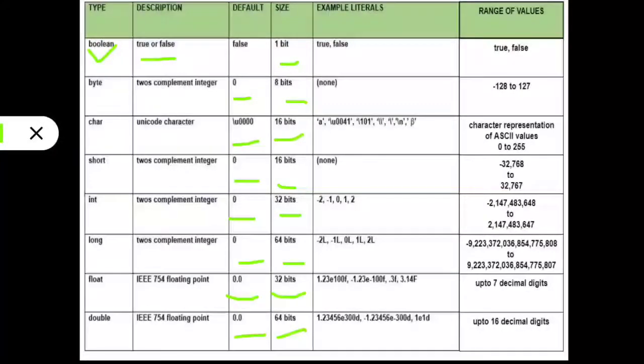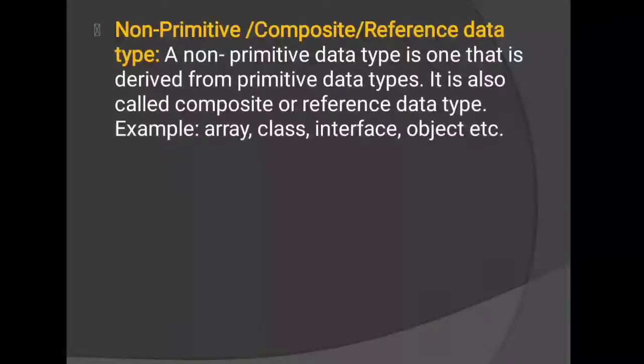Understood? Then next we will proceed. Non-primitive, composite or reference data type. A non-primitive data type is one that is derived from a primitive data type. If we want to create any non-primitive data type, then we have to depend on primitive data types. A non-primitive data type always depends on primitive data types.